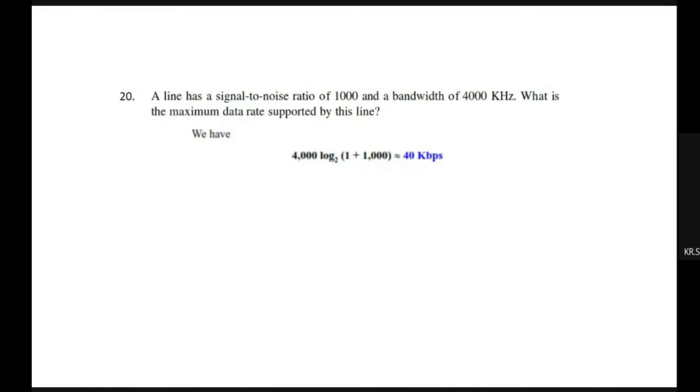To find the maximum data rate, it is 4000 log 2 of 1 plus 1000, that is, bandwidth B times log 2 of 1 plus SNR. So 1 plus 1000 gives a maximum bit rate, the maximum data rate, of 40 kbps. Okay.